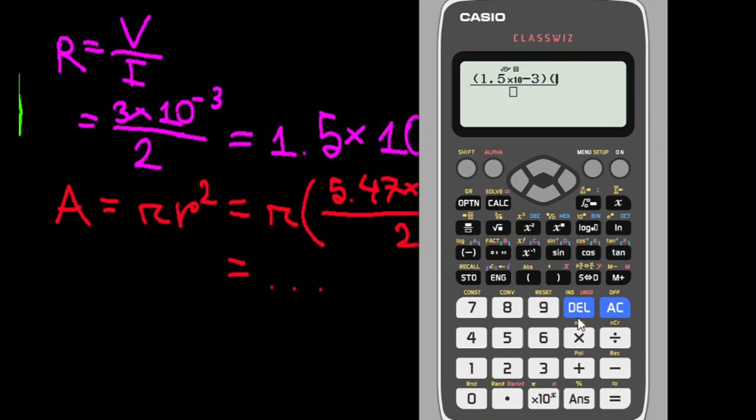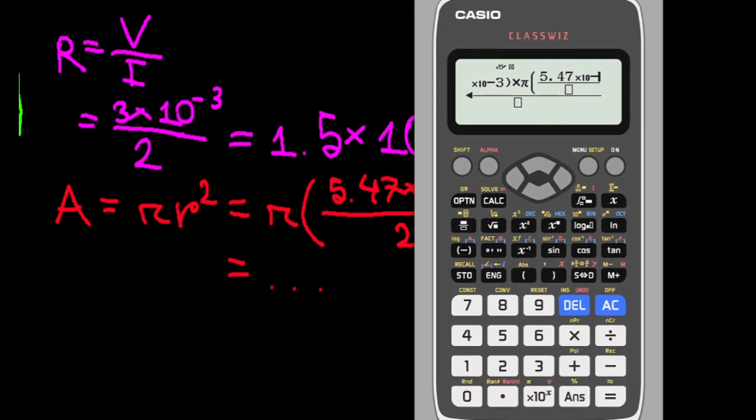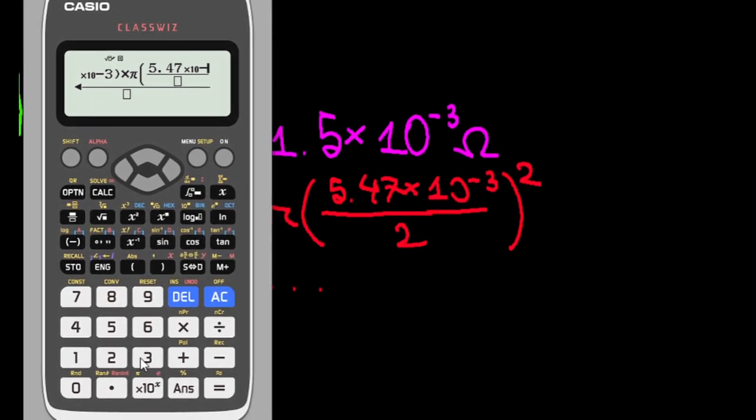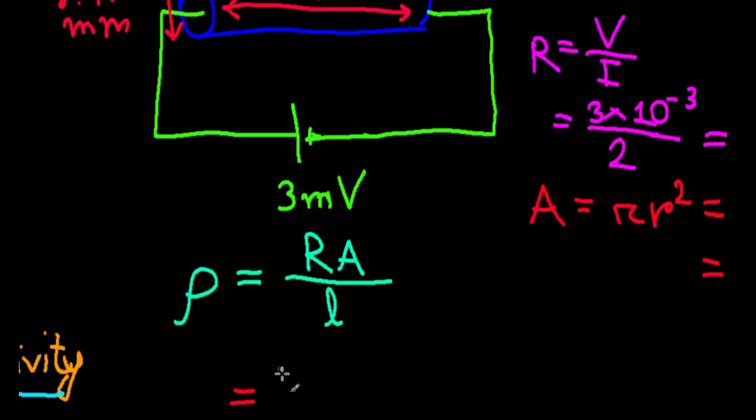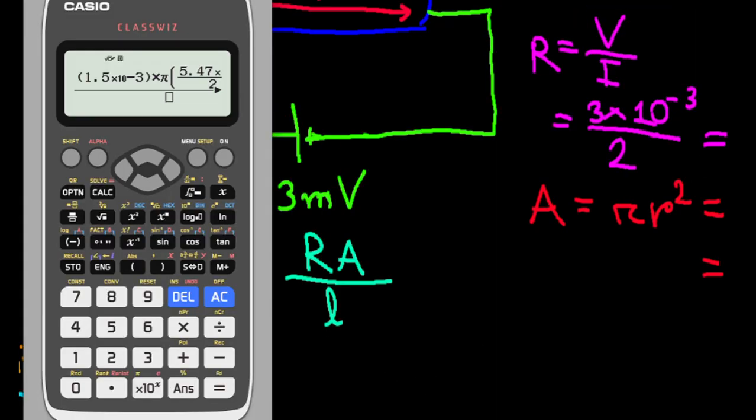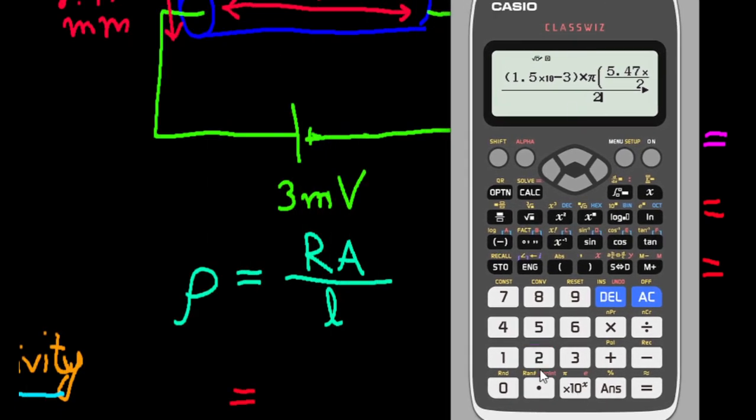Our area, we can just plug all of this in: pi times 5.47 times 10 to the power minus 3 divided by 2, the whole thing squared. So that's my cross sectional area, and my length. That's just 2.10 meters.